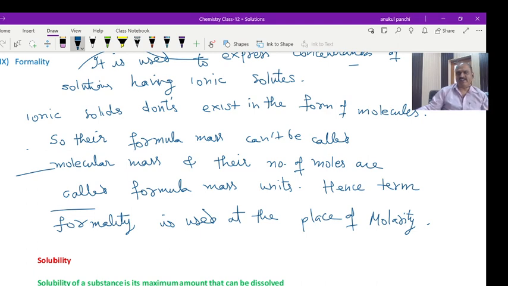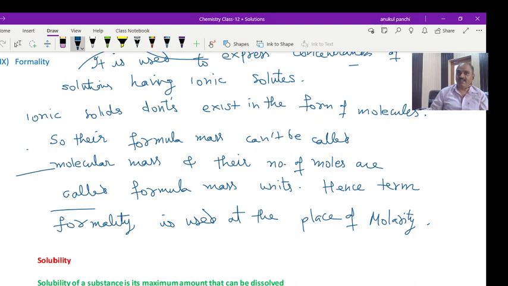But in case of NaCl, NaCl is a formula. NaCl is not a molecule. When we dissolve NaCl in water, NaCl ionizes. Na plus and Cl negative exist independently in solution. NaCl is not a molecule, so mass of NaCl 58.5 is not its molecular mass.